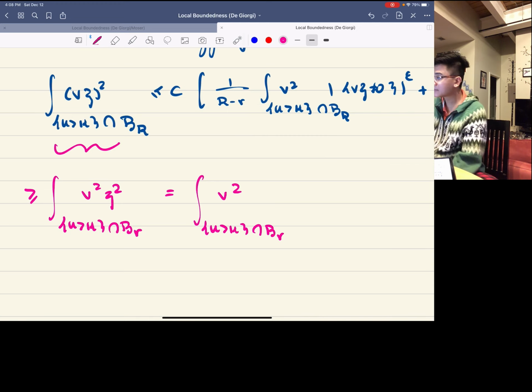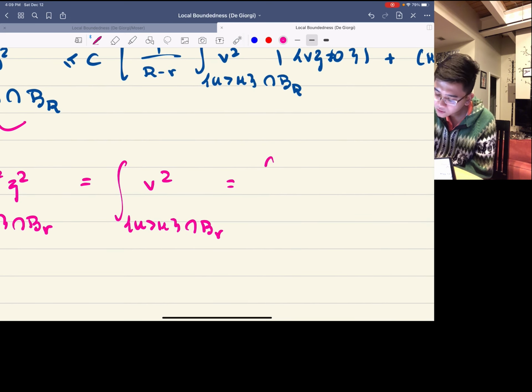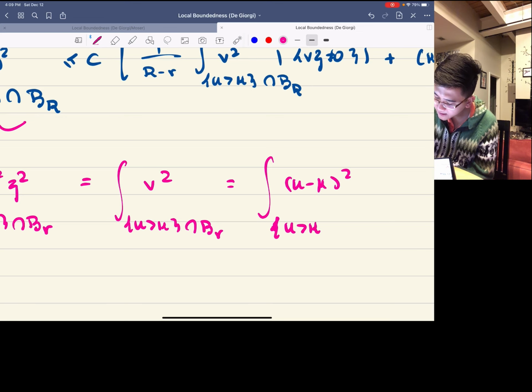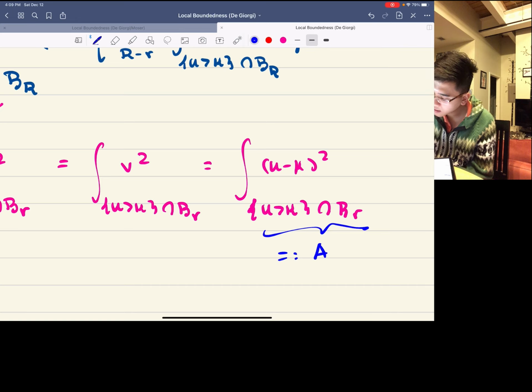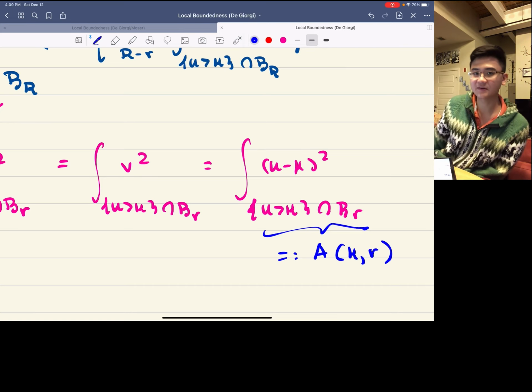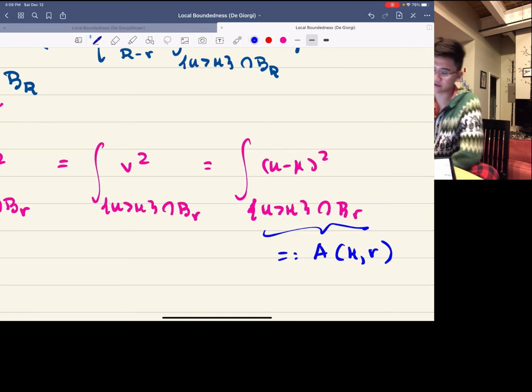So this is the same as v squared over the intersection with B_r, and note that v is equal to u minus k, squared, over u greater than k intersect B_R. So I am going to call this set A(k, R). So just notation, it's going to help us later.